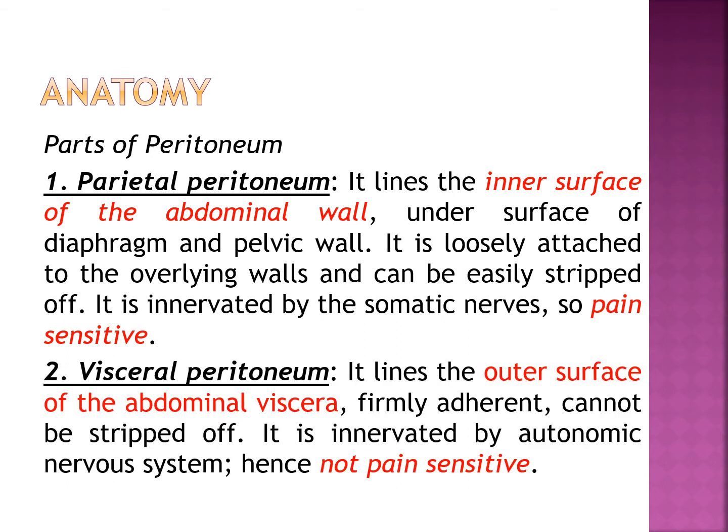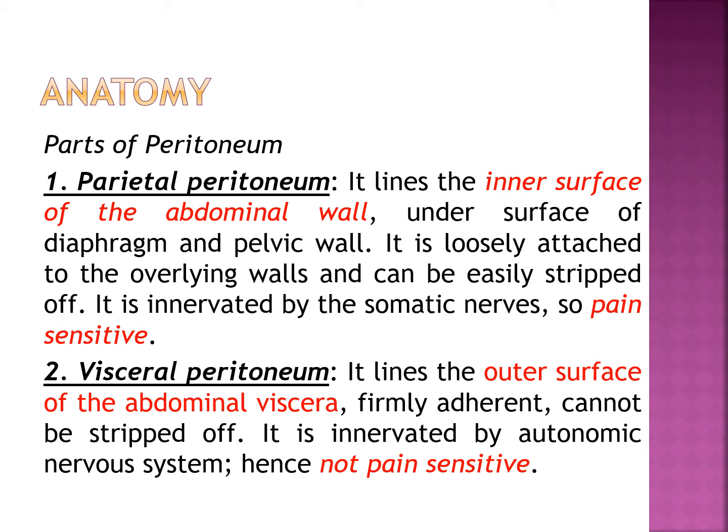But the second part is the visceral peritoneum, which envelopes almost all the abdominal viscera, firmly adherent to it and cannot be stripped out from it. And it is not sensitive to pain. It is innervated by the autonomic nervous system, and it is only sensitive to stretch and ischemia.